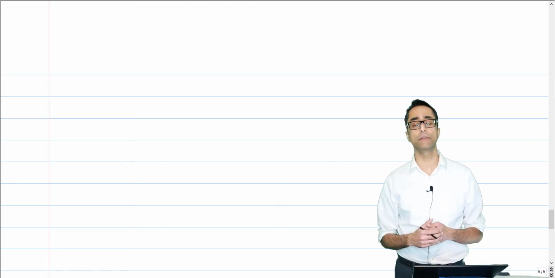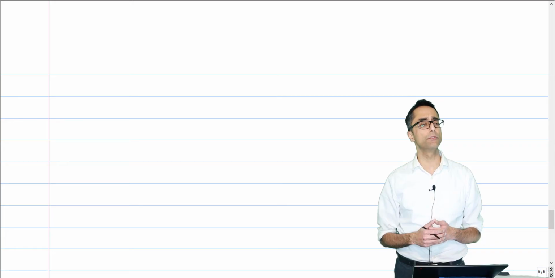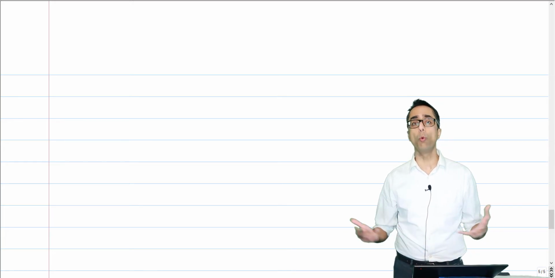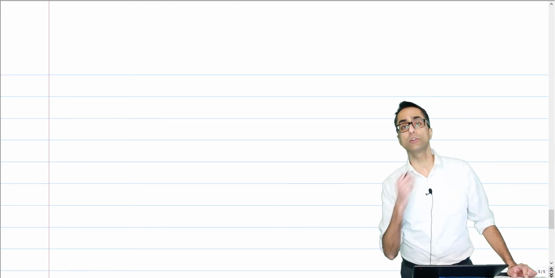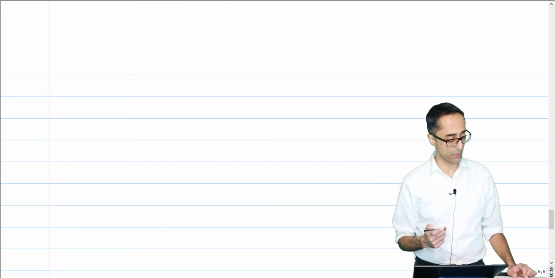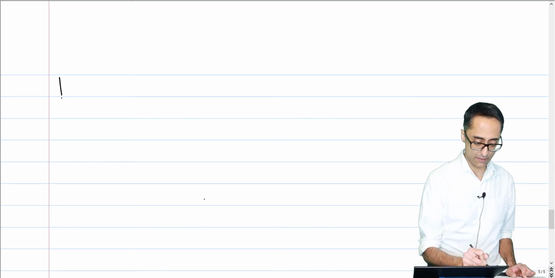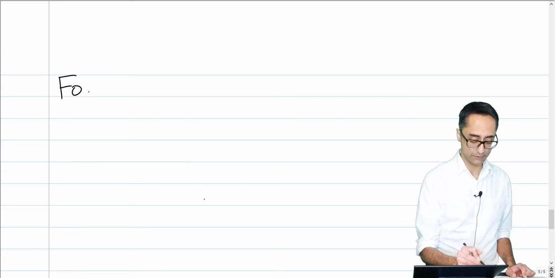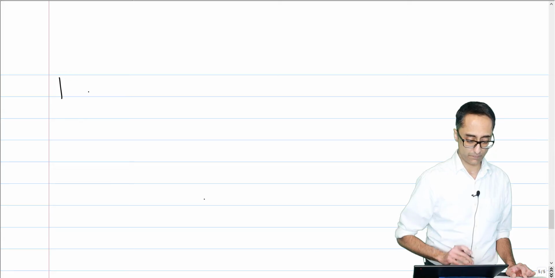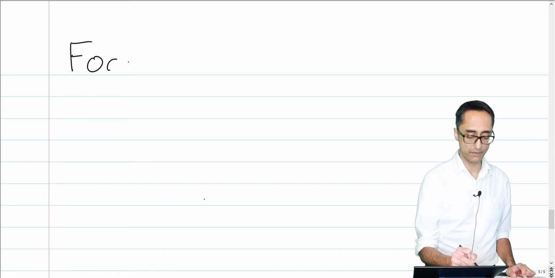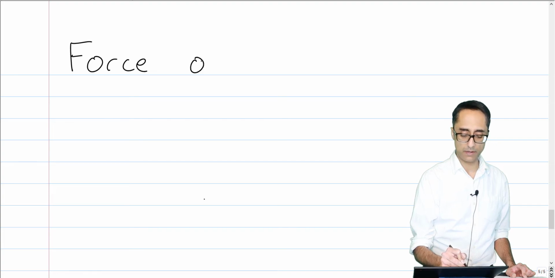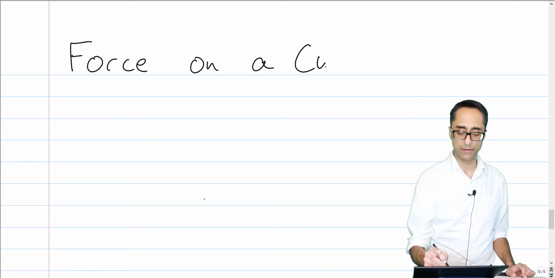I just found out what that force was and the direction of that force. If I have a current carrying wire, well, it's just a whole bunch of charges with some velocity. They are, of course, going to have a force as well. And so let's figure out what the force on a current carrying wire is.